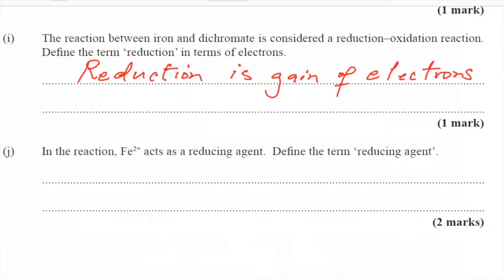Part J, in the reaction, Fe2+ acts as a reducing agent. Define the term reducing agent. So a reducing agent is a substance that is being oxidized in a redox reaction.